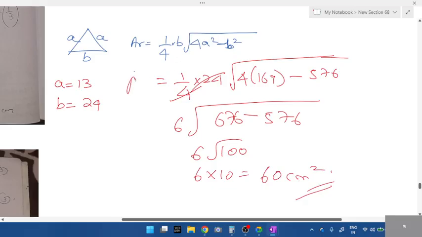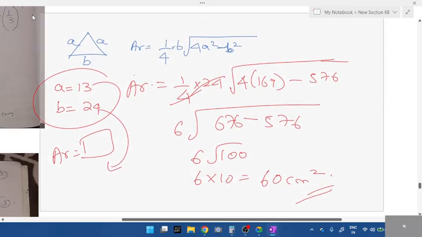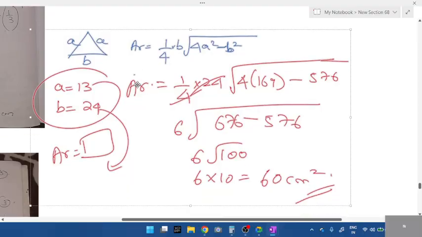This is the area, students. Area was fine. You see, another question I would have solved. Area value will be given. They'll ask to find the same side and different side calculation. That is also important. Is this clear?